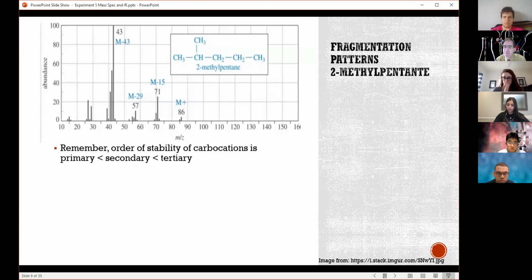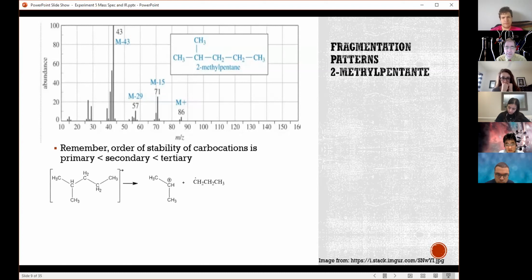A primary is the least stable, secondary is better, tertiary is the most stable carbocation. That's still true in the mass spectrometer. So if you're breaking your molecule apart, it's going to tend to break in ways that give you the more stable cation. So if you can make a secondary versus a primary, that's going to be better, right?